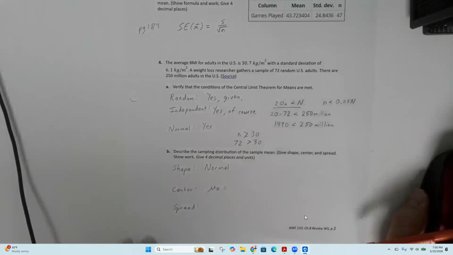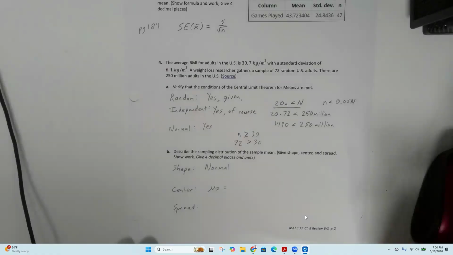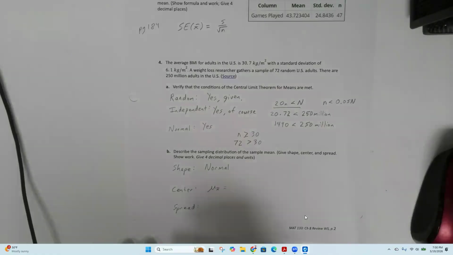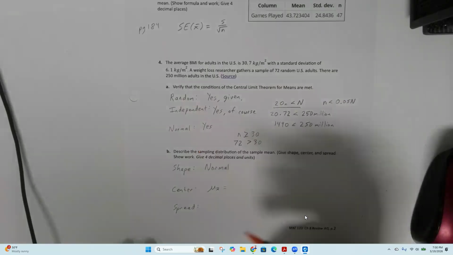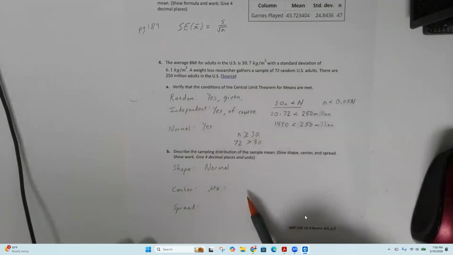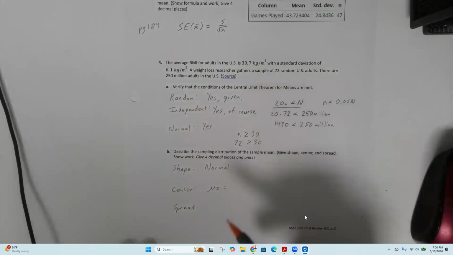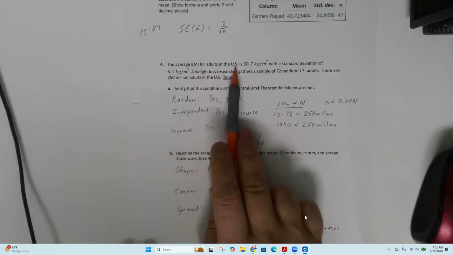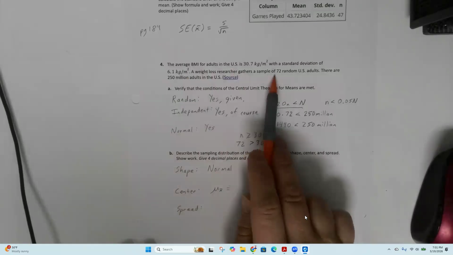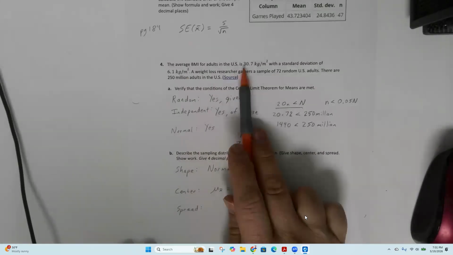Okay, that's still confusing. What this tells us is that when you take a sample that satisfies the conditions of the central limit theorem, your sample will be a good representation of the mean of the population. I don't need to measure everyone's BMI because I can't. If I want the average BMI for all the adults in the US, I can measure a reasonably large sample and get extremely close to the true population mean.